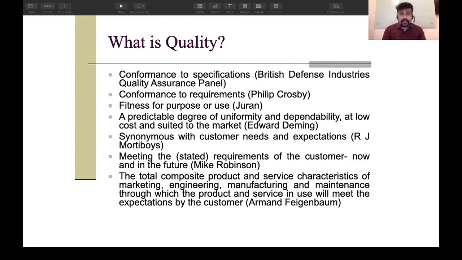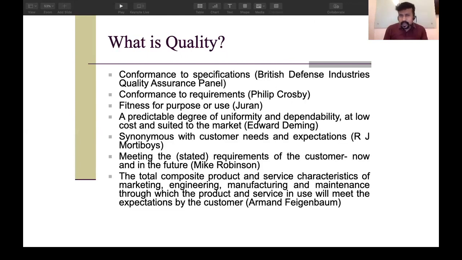The next definition is by Mr. Edward Deming: predictable degree of uniformity and dependability. Let us consider that you are eating at KFC in one part of the city, and you say, whenever I go to this particular branch of KFC, it is very tasty and very good. The service was very good compared to other KFC places.